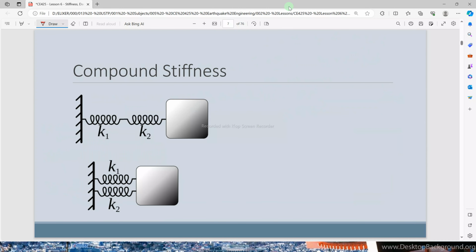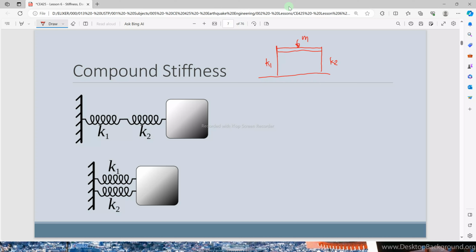Okay. So now we try to relate stiffness no sa spring as per the Hooke's law. So we have here the compound stiffness. Unsa man yung compound stiffness? Of course, it happens when we have two or more stiffness sa usa ka system. Like in the single degree of freedom. So we have this system. We have a mass here, and then we have K1 and K2 here.